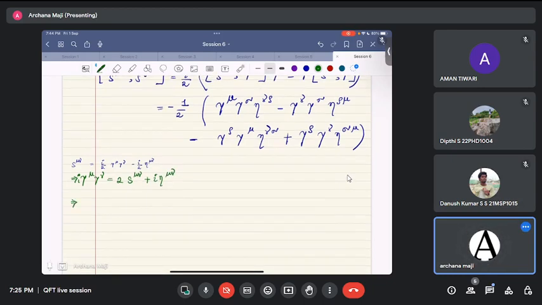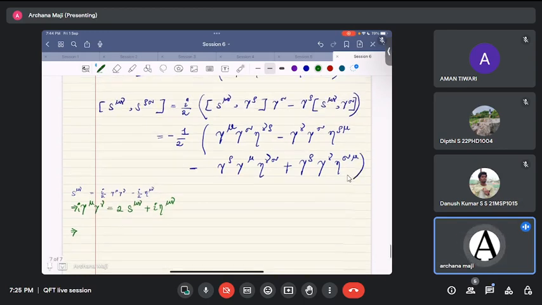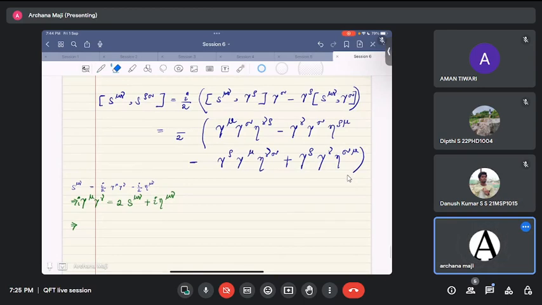What we can do is this minus 1, let's write it as i squared. One i we will keep outside and another i we will use to write this down.